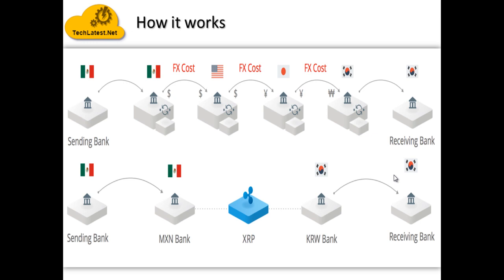So how does it work? In order for you to understand how it works, you need to understand how value transfer currently happens in the traditional system. Here at the top you can see there is a sending bank in one country who wants to send some currency, some value, to the receiving bank at the right hand side, which is in some other country.